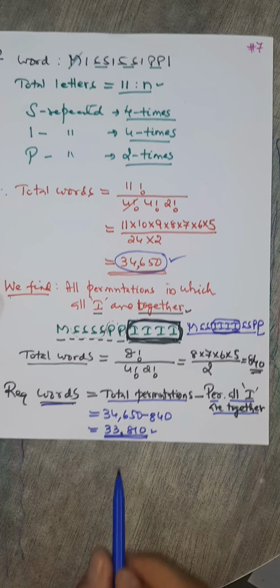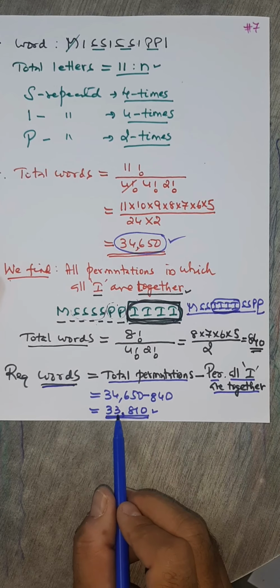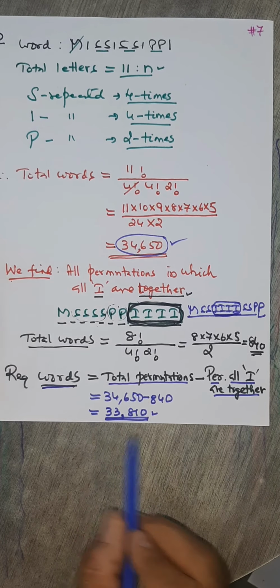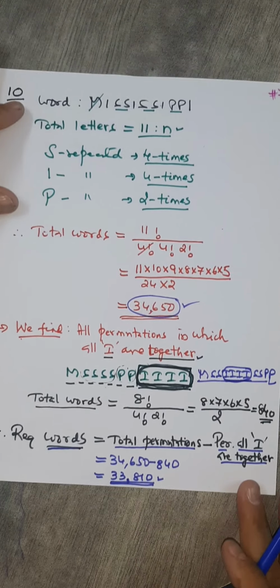So we will get 33,810. These are the total number of words in which I's never occur together. I hope this is now clear to you.